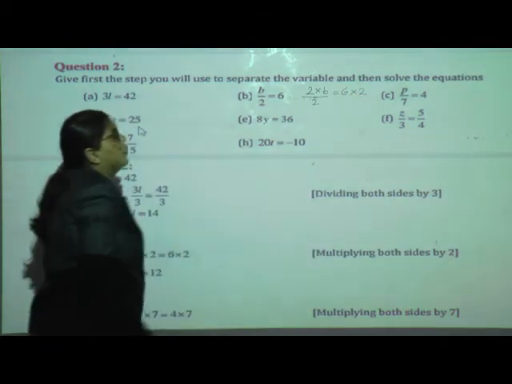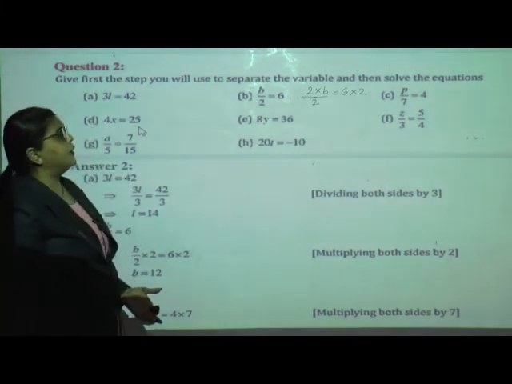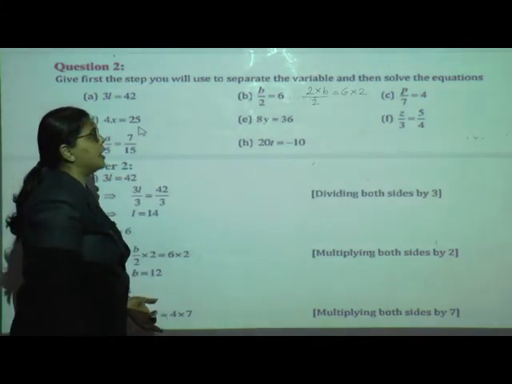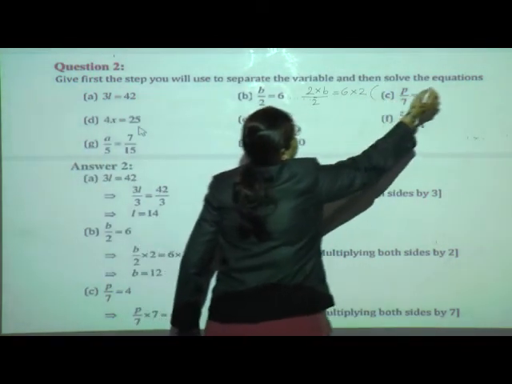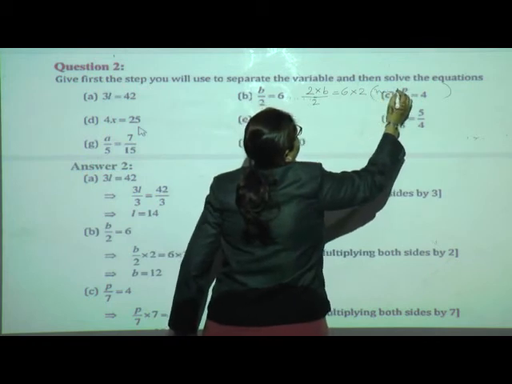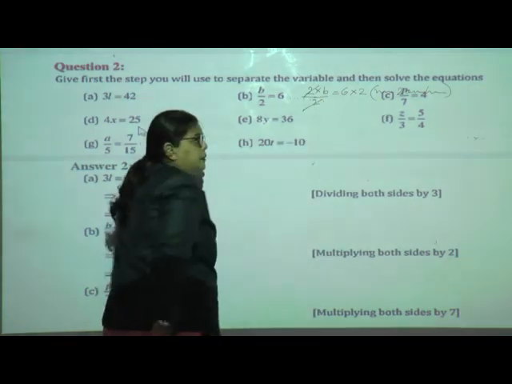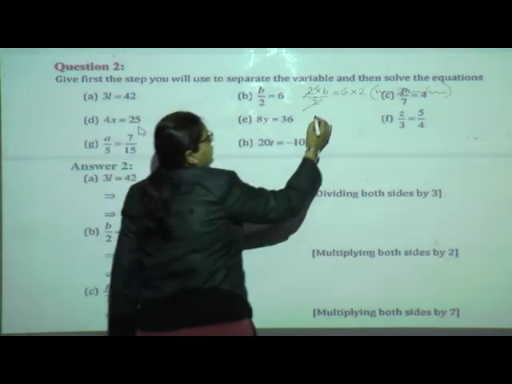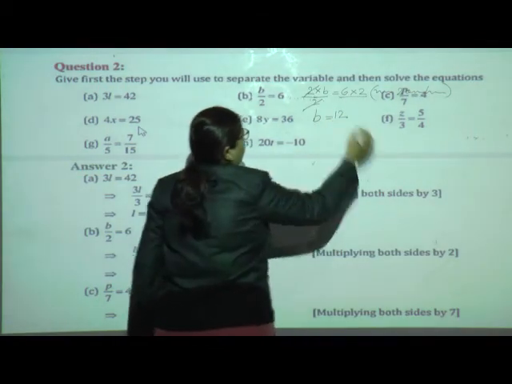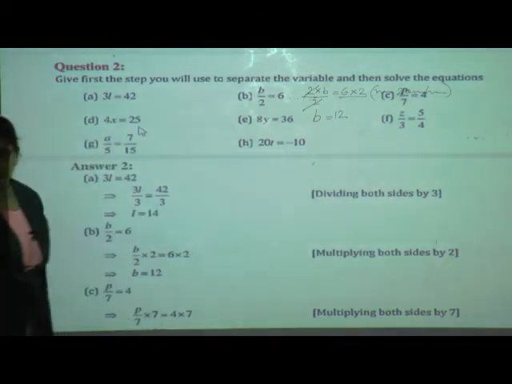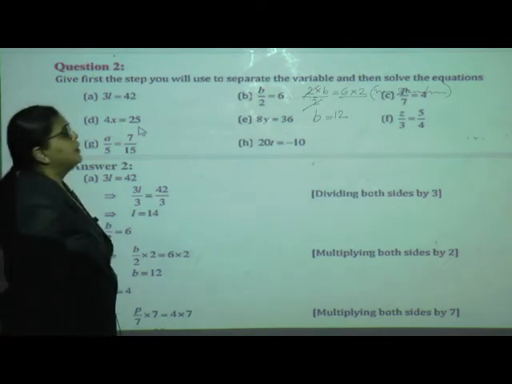Since I already have division, I will go for multiplication. So I multiplied 2 on both the sides to get the variable separate. I have to write here: multiplying 2 on both the sides. So 2 gets cancelled. What is left is my variable. Here you know very well, 6 2s are 12. So what we did in addition and subtraction, the same we are doing here in multiplication and division.